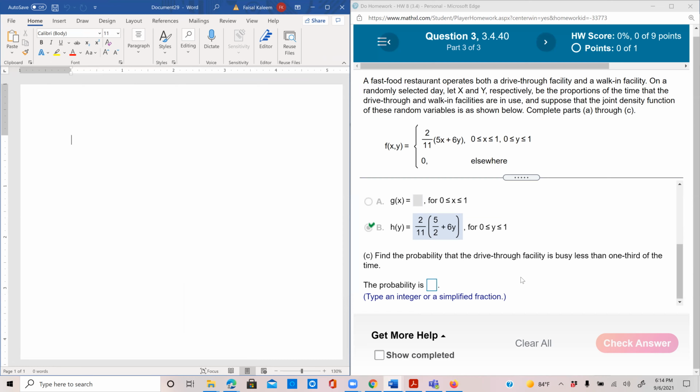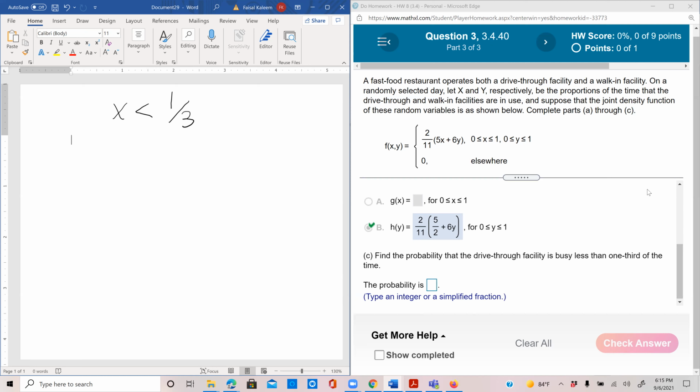Okay. So for the drive-through, we have x, right? X is the proportion of time the drive-through is busy. So is busy less than 1/3 of the time. So we want the probability that x, so if it's busy less than 1/3 of the time, then we want x to be less than 1/3. Okay.